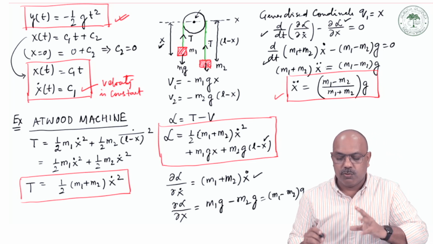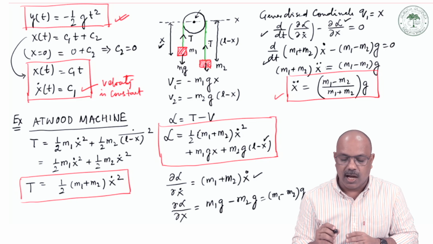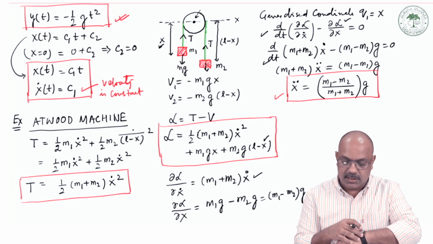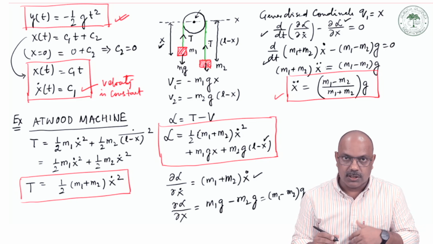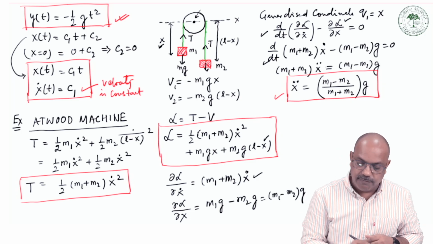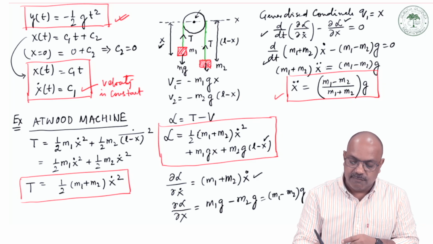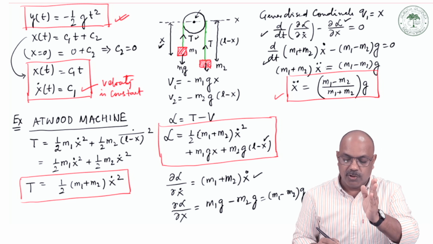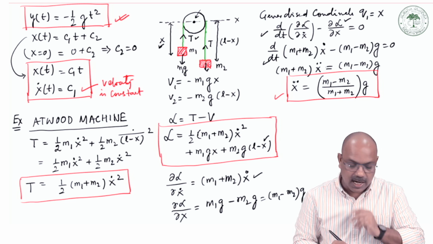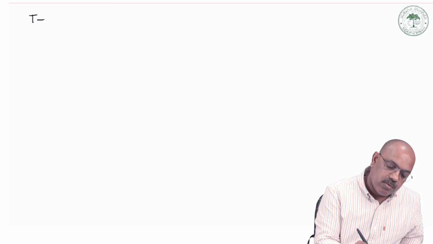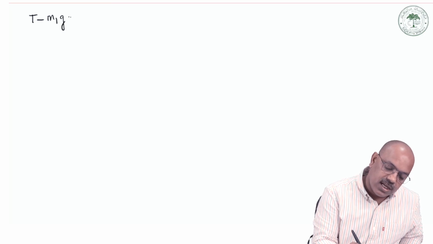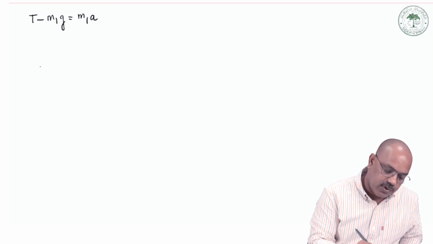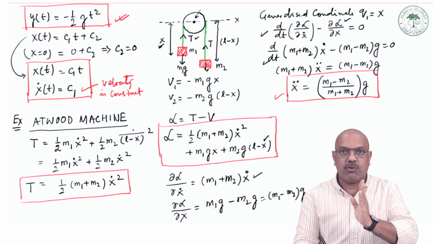So there may be two cases. One is m1 is going up, or the second is m1 is going down. If m1 is going up, that means T is more than m1g. So I can write T minus m1g equals m1a.